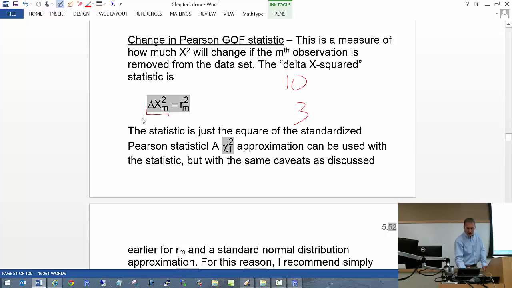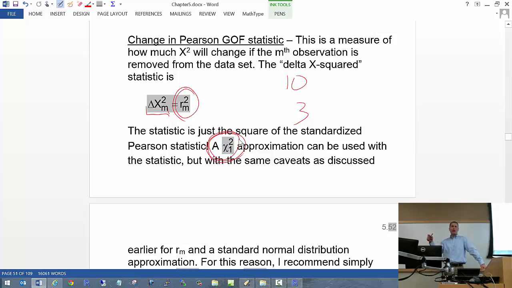The delta X squared statistic ends up being just your standardized Pearson residual squared. So essentially, the standardized residual measures two different things, both looking for outliers and influence. That's nice.